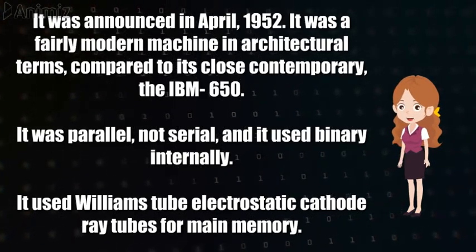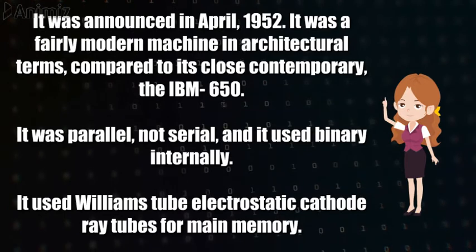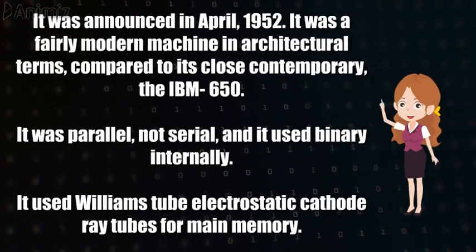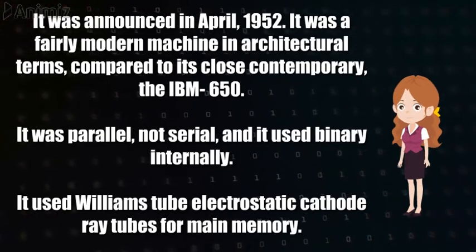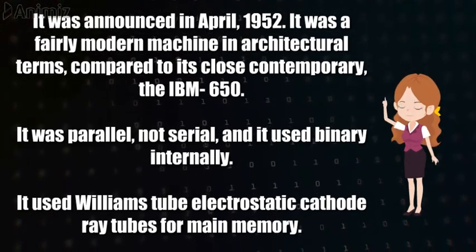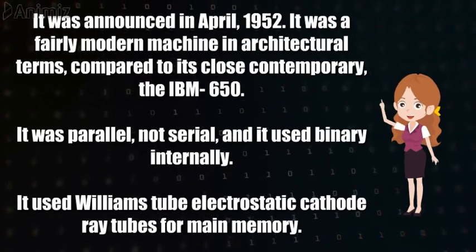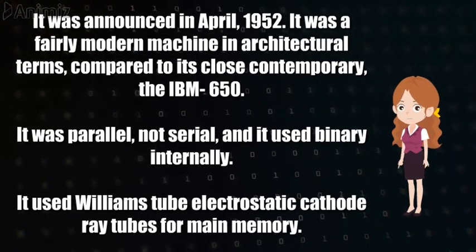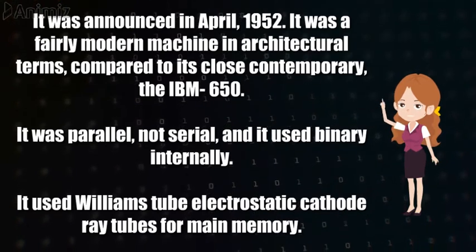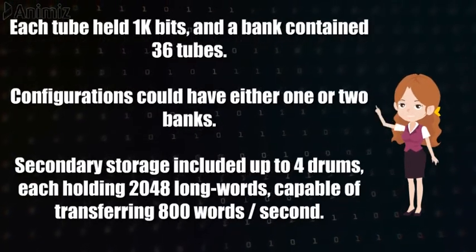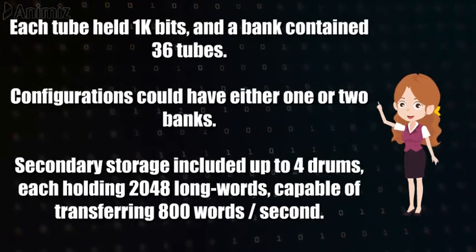It was a fairly modern machine in architectural terms, compared to its close contemporary the IBM 650. It was parallel, not serial, and it used binary internally. It used Williams tube electrostatic cathode ray tubes for main memory. Each tube held 1 kilobit, and a bank contained 36 tubes.